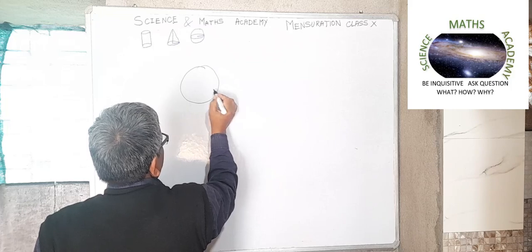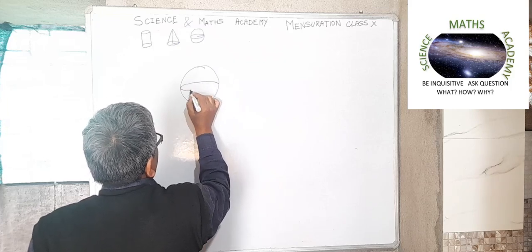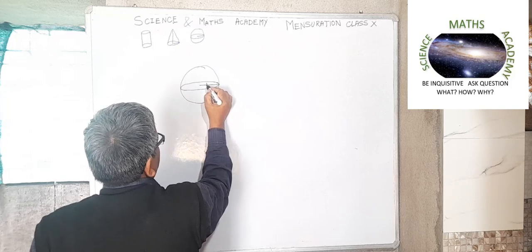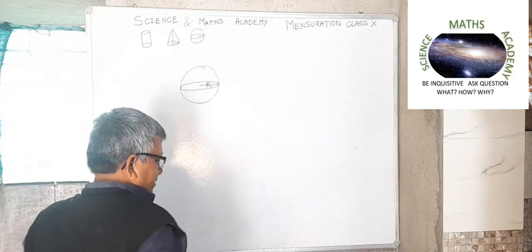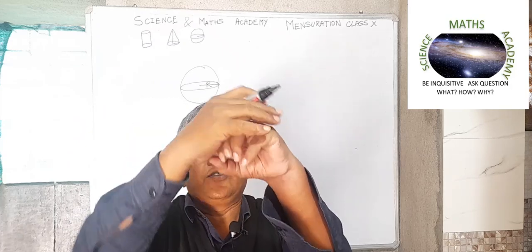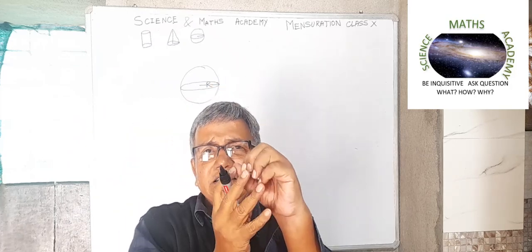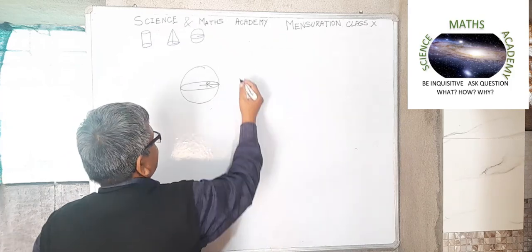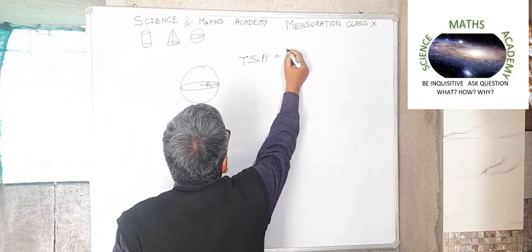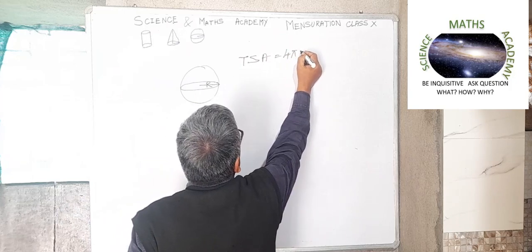This is a sphere, three-dimensional, and this is R. Then the total surface area, which means this whole surface. A very easy formula: total surface area will be 4 pi r square.